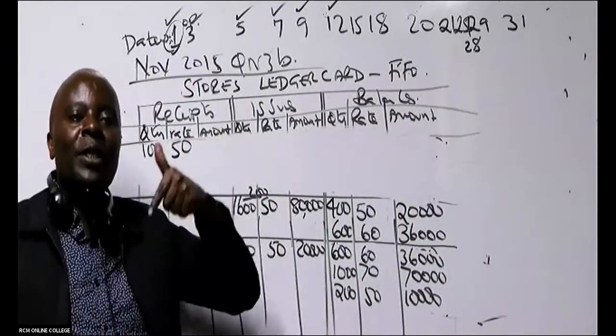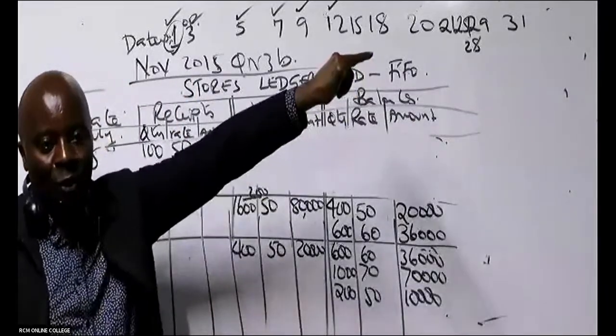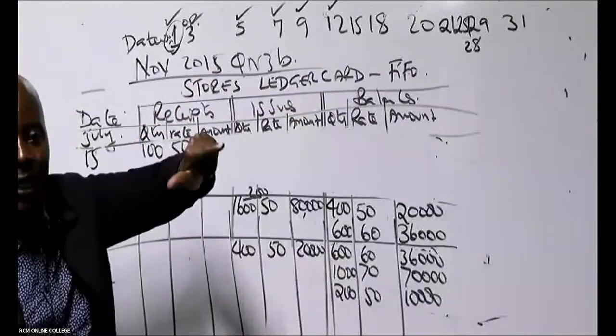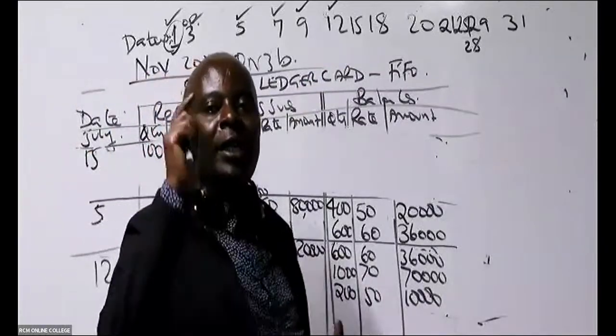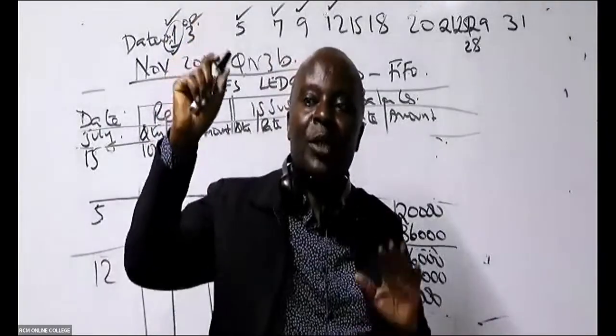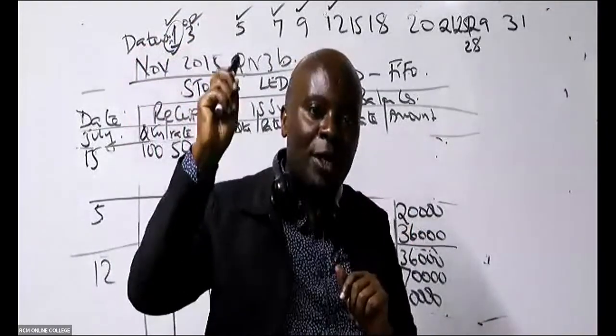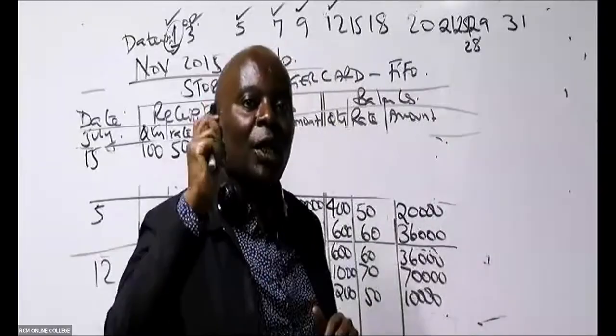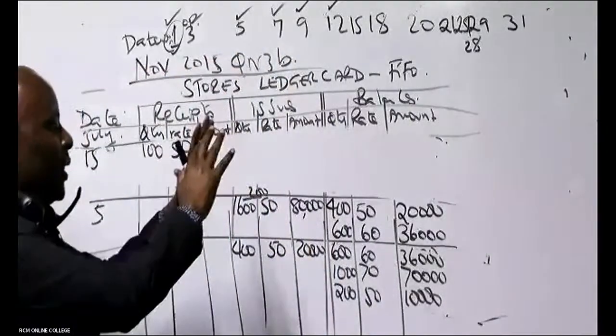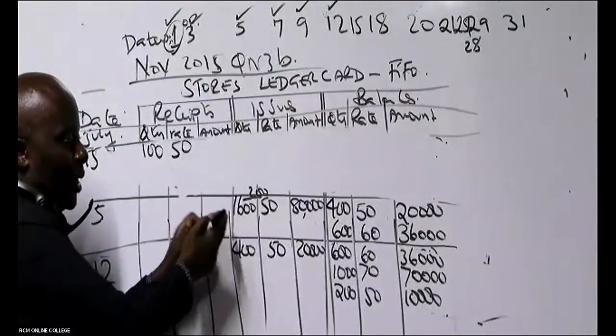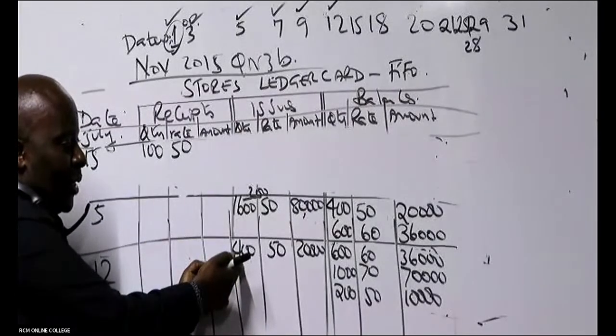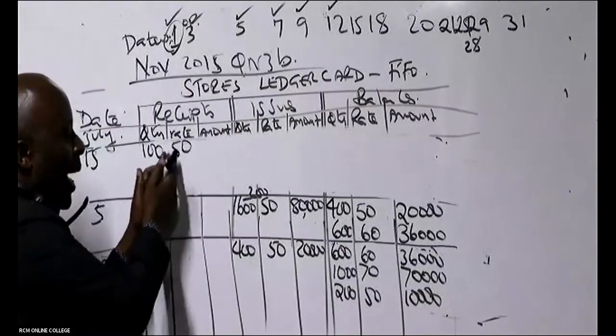In most cases, they will tell you the price at which they were issued out, but here they are silent. So whenever they are silent, you look at the oldest issue and assume that they were issued at that oldest price, because this is FIFO. So in this case, we are going to receive them at this price.